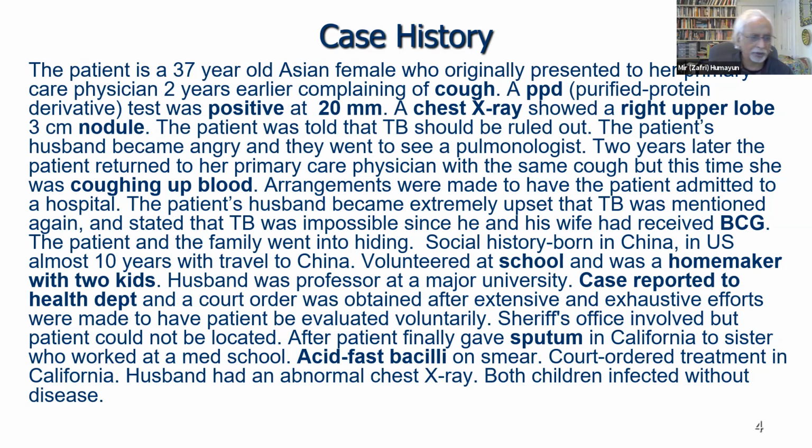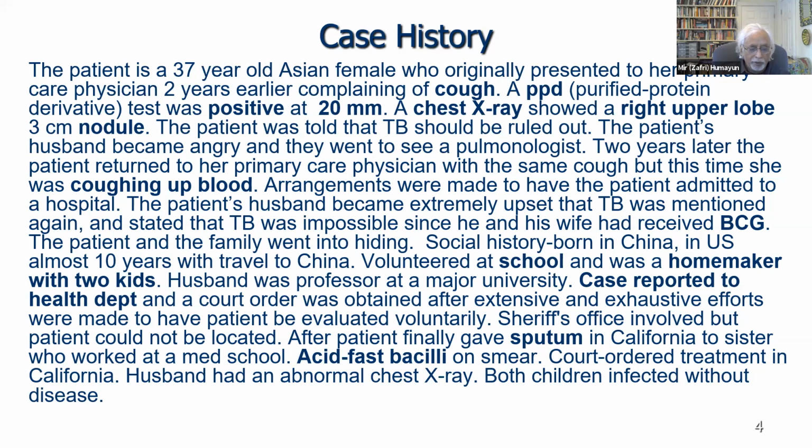The patient and the family went into hiding. The social history of the patient: born in China, in the United States almost 10 years with travel to China, volunteered at school, and was a homemaker with two kids. Husband was a professor at a major university.